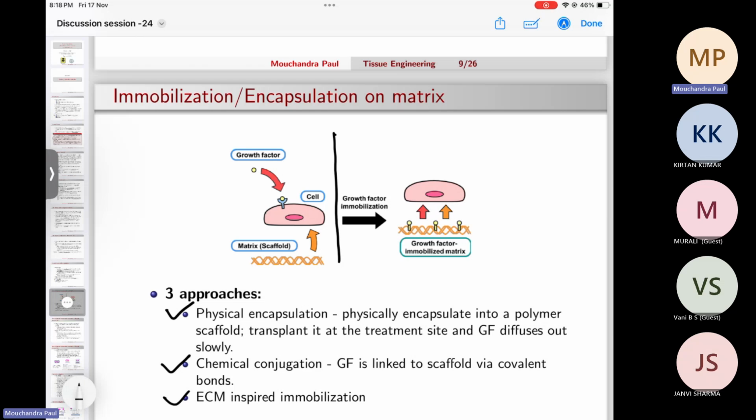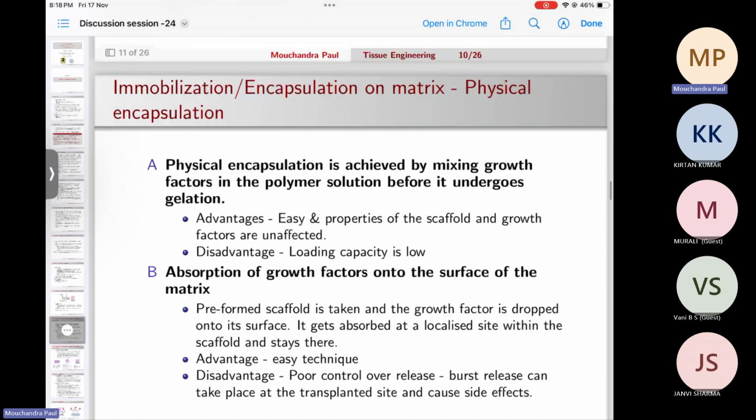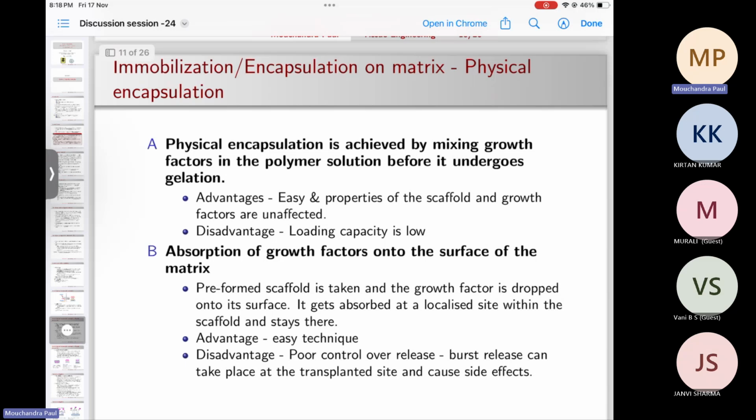Those are the three approaches. We will see what these approaches are in depth one by one. The first one is physically encapsulating it. One way of doing it is, as I said, you take your growth factor solution.